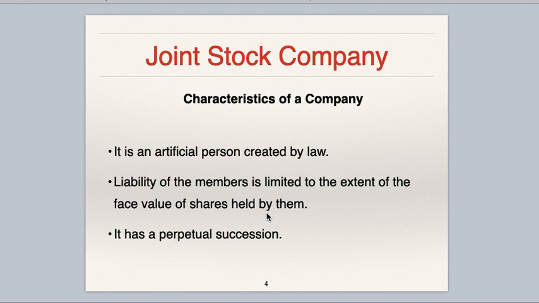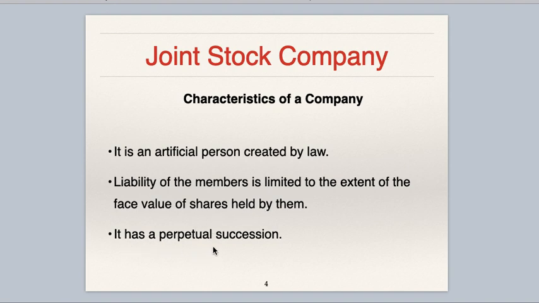Unlike proprietors and partners whose liability is unlimited, that is, they need to contribute from private estate, if assets are not sufficient to pay off liabilities at the time of winding up. So, liability of shareholders, members is limited only to the face value of shares.